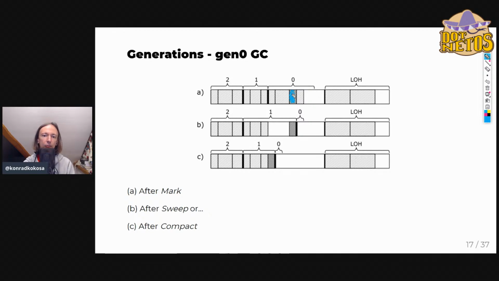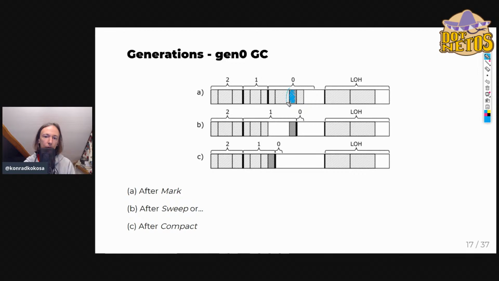It means now we can garbage collect Gen 0, and we have those two possibilities. We can sweep or we can compact. B is sweeping, C is compacting. So if we sweep, we will not be moving any objects, and it will be exactly the scenario that I've covered previously. We will be moving only generation boundaries, in such a way that objects that should be promoted will be promoted. So here we have this example.